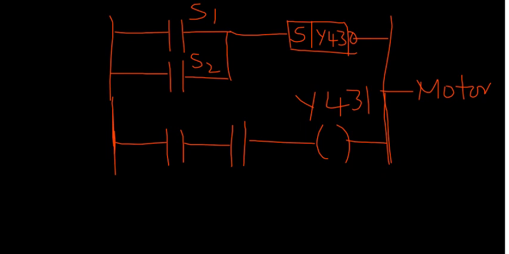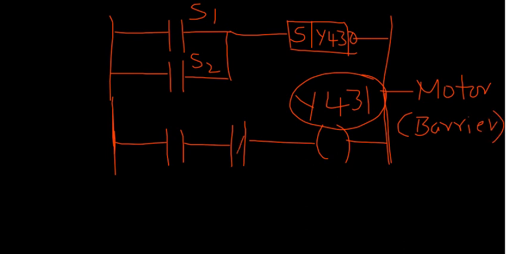Now let us have a switch something like this. Let me call this S4, and this is Y430. This is how I am trying to visualize this. You may have different methods also. Since you have been asked to use the reset coil, you can use a reset coil here.